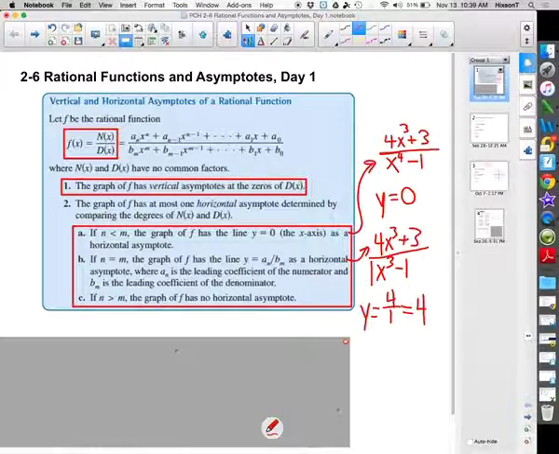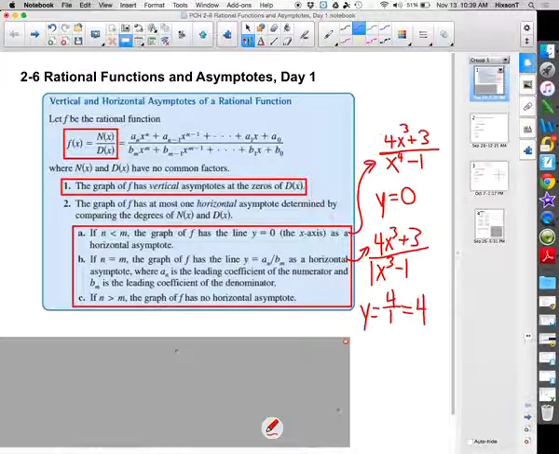If we take a look at when x is approaching positive infinity, in other words, as x gets really, really big, if we're finding limits, these rules actually still apply. As x approaches positive infinity, all these rules apply to what the limit equals rather than what the asymptote equals. Same thing if x is going forever to the negative side, approaching negative infinity.